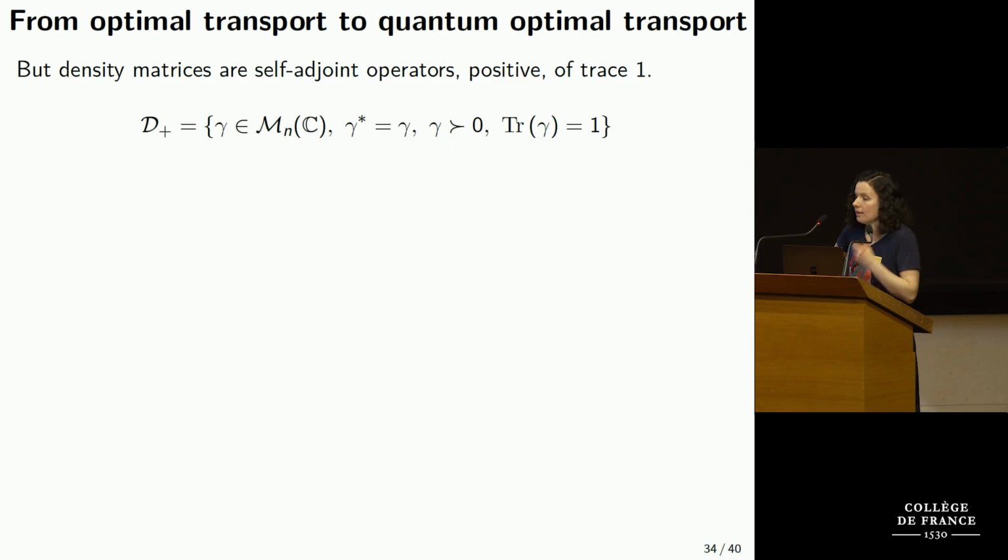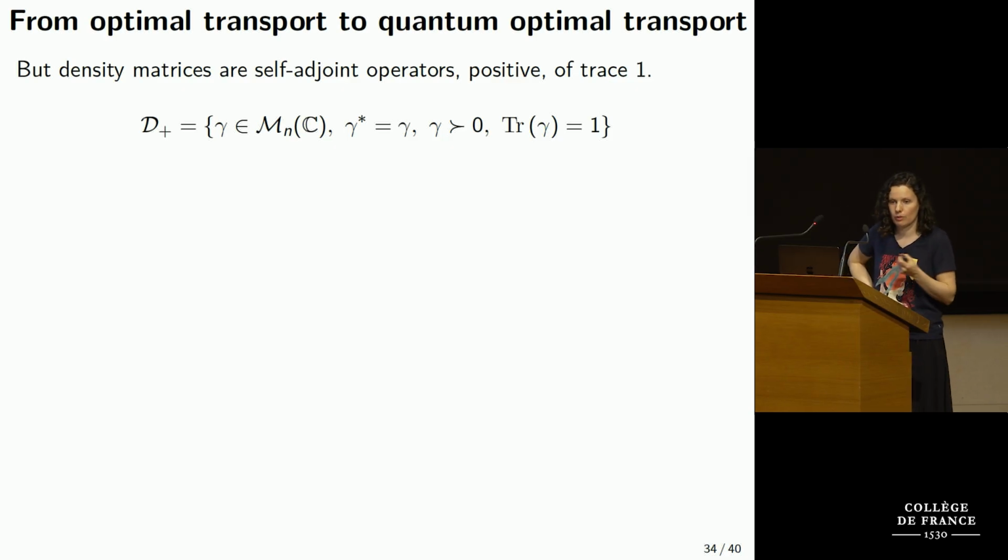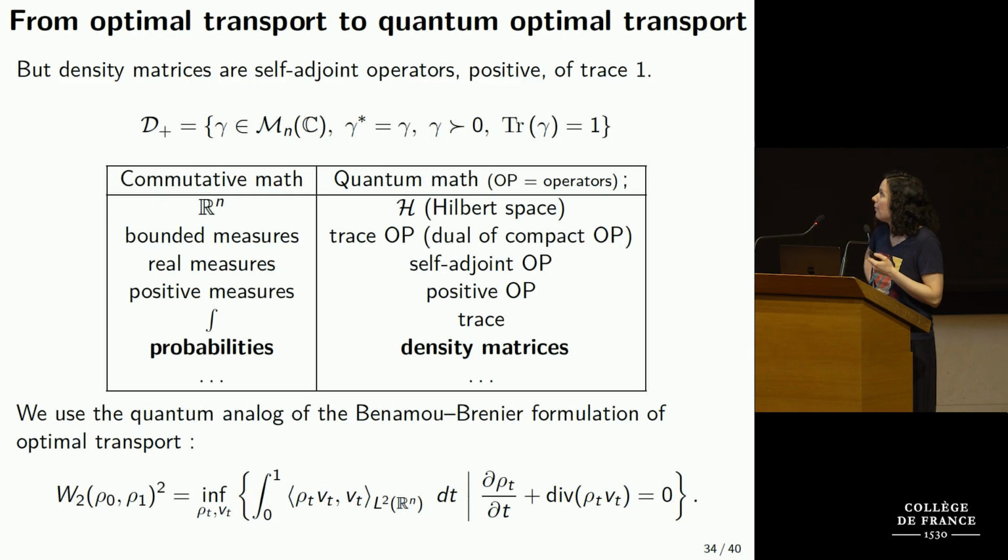The thing is that density matrices have some structure. They are self-adjoint operators, they are positive, and they are of trace 1. And so in fact, there is a correspondence between what people call commutative mathematics versus non-commutative mathematics, or quantum mathematics, where the analog of probability measures are density matrices.